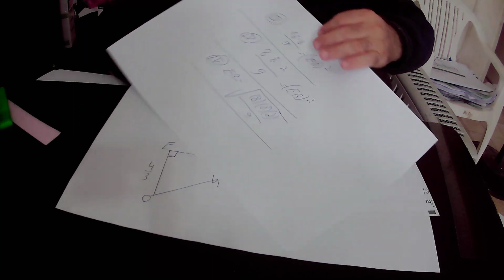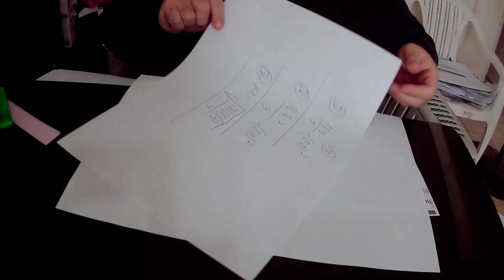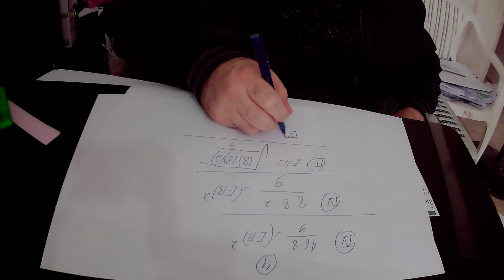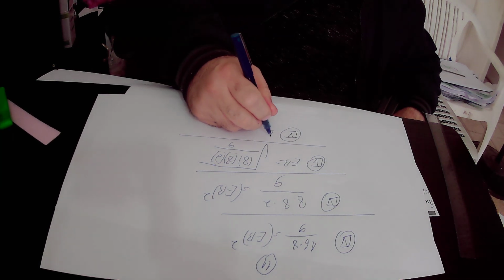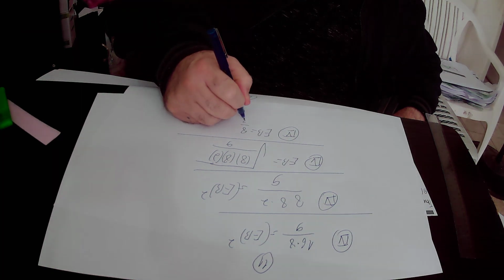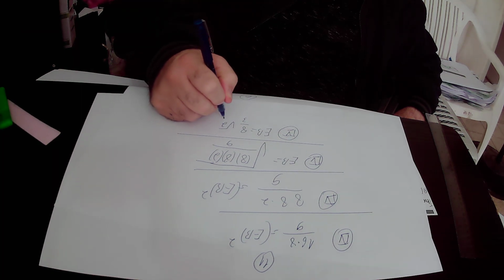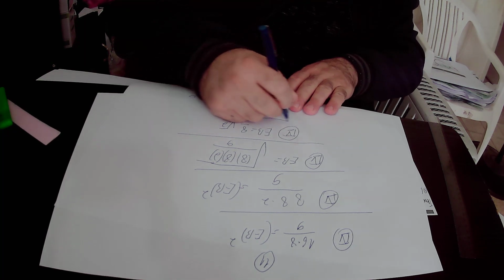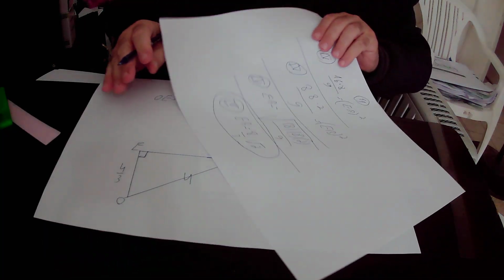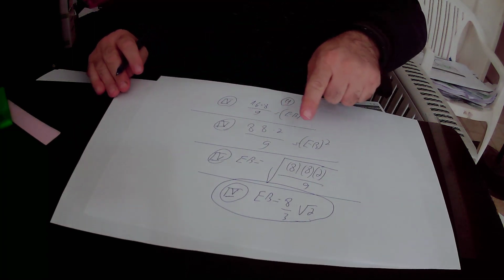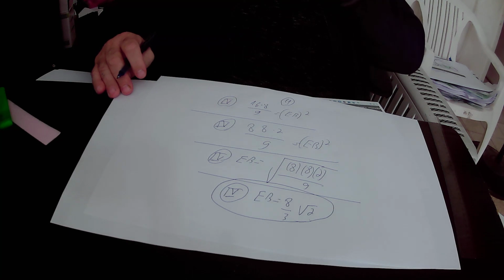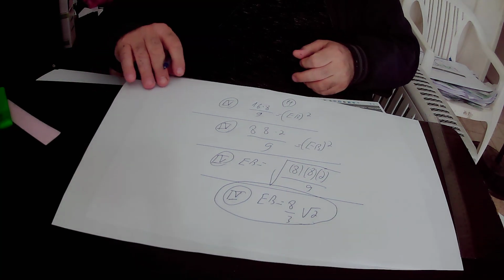We actually got that EB equals 8 over 3 times square root of 2. So we found out that the length of EB is actually 8 over 3 times square root of 2 units. Okay?